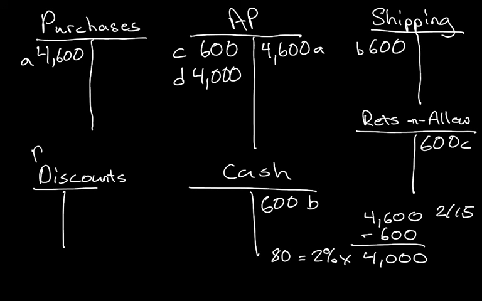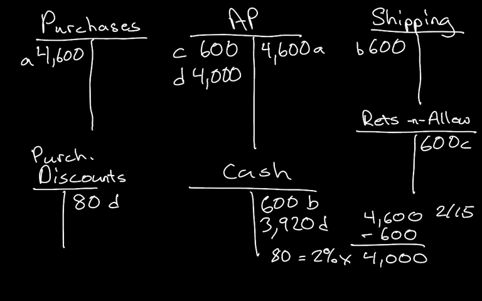Well, let's be more specific. We're going to call them purchase discounts. And we know that the purchase discount was $80 in this scenario. And then we're going to credit the cash for the remaining $3,920.